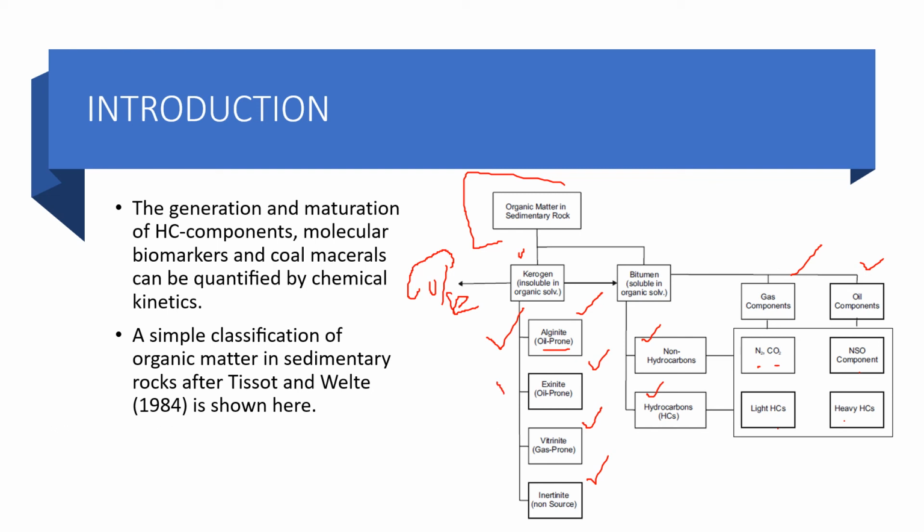Exinite is also oil prone. But when you increase the temperature a little bit more, you get to vitrinite, which is gas prone. And if the temperature goes up really, really high, you end up with inertinite, which is basically not a source at all. So inertinite, okay, it is not active anymore. It is completely transformed. Therefore, you do not have any gases whatsoever.